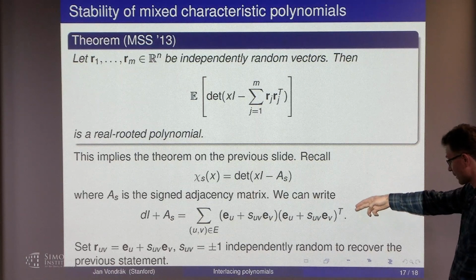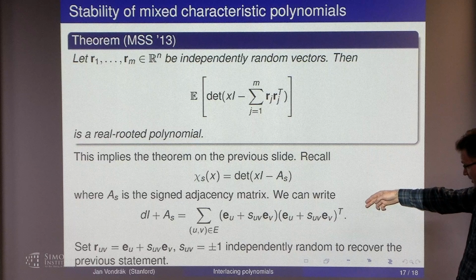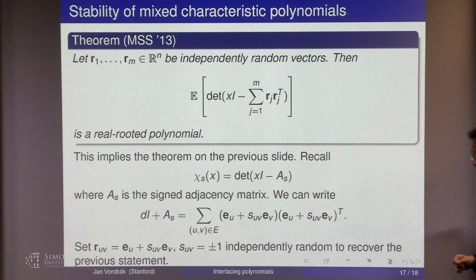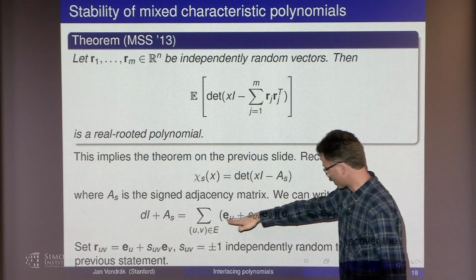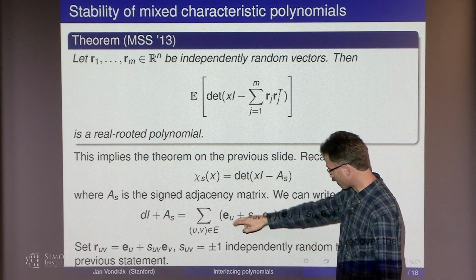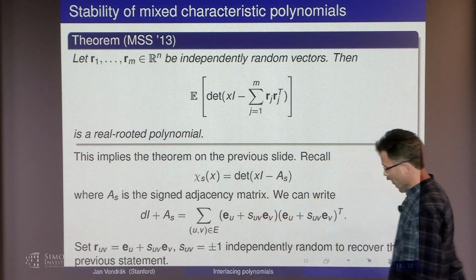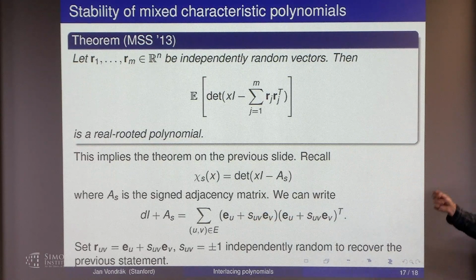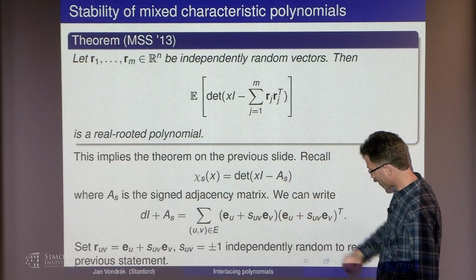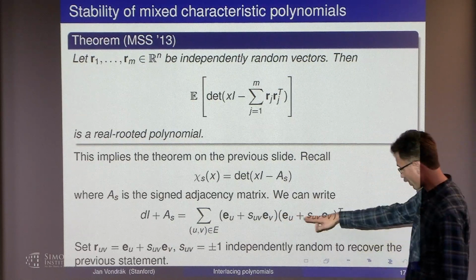Then you can express the matrix as a summation of these rank 1 matrices. So for each edge, you put down a certain vector, which is the indicator of one vertex plus the appropriate sign times the indicator vector of the other vertex, and then the same vector transpose.